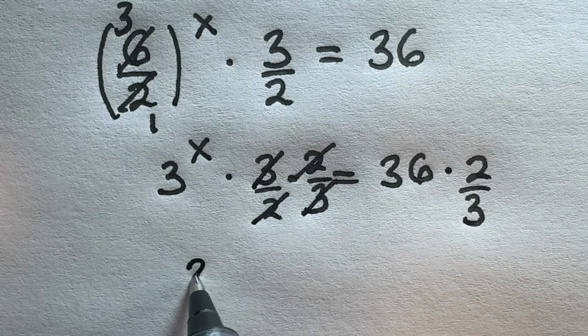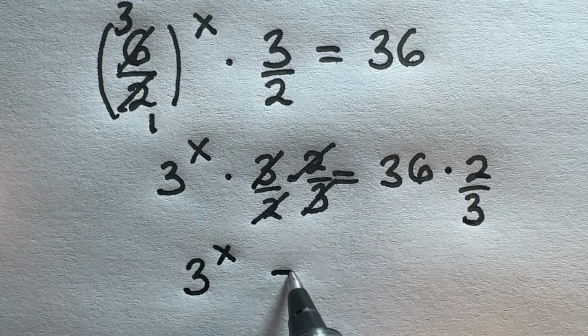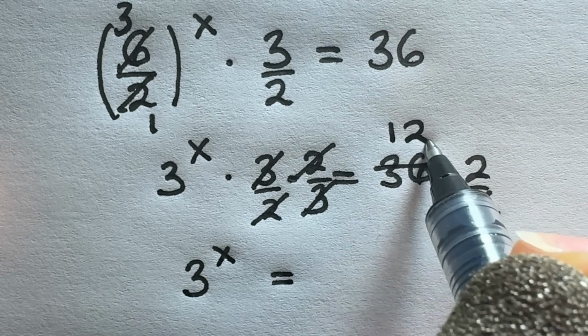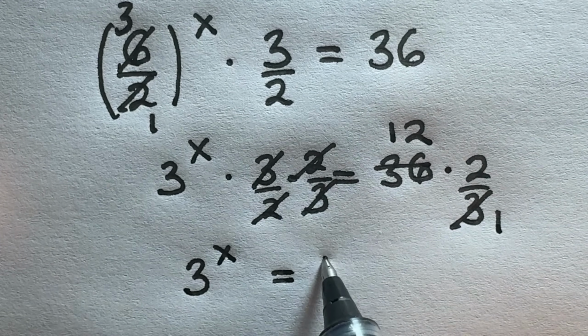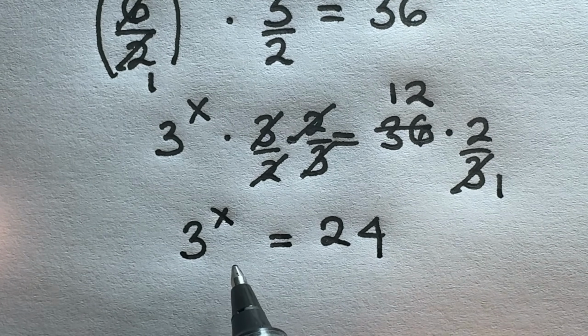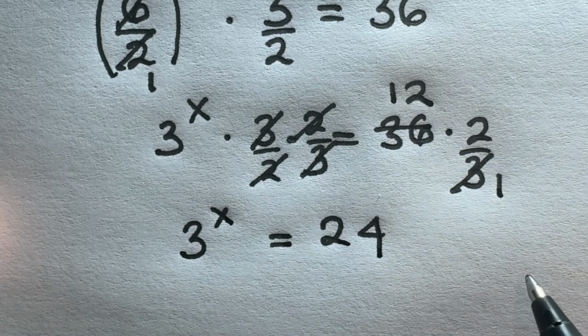So we have 3 raised to power x is equal to, 36 divided by 3 is 12, 12 times 2 is 24. So we have 3 raised to power x is equal to 24.